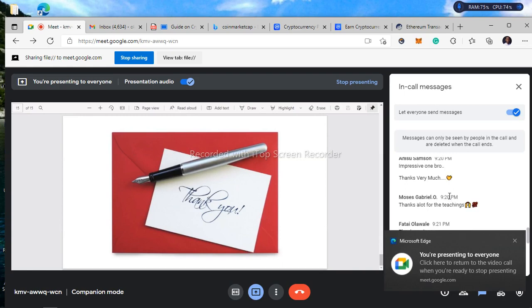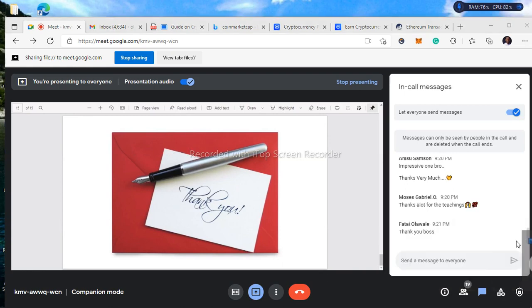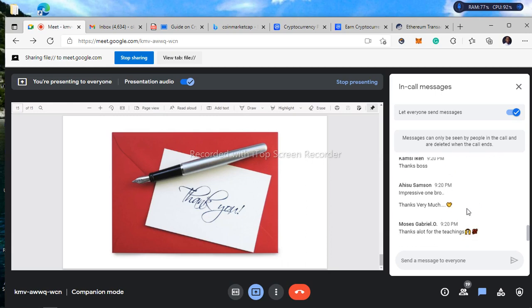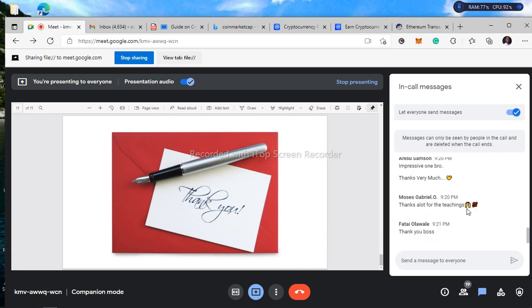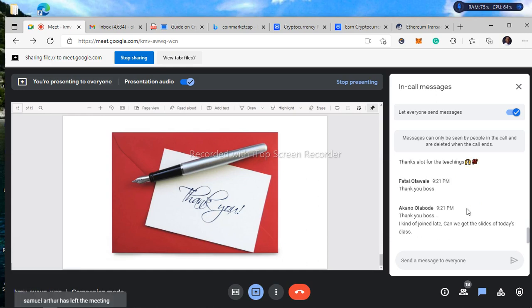I just have a suggestion. I think there are terms that people who are entirely new to this space might find difficult. So perhaps we should make a list of all those terms. For instance, what is a node? What does a ledger mean?